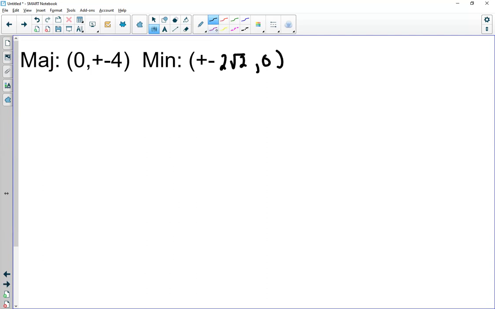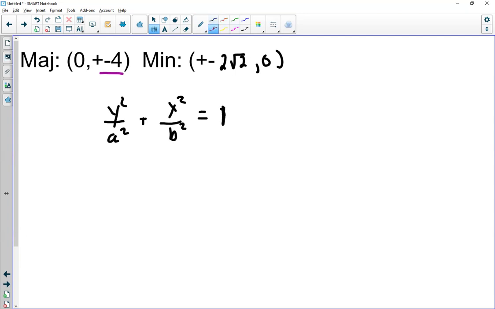Okay, so I'm sorry. All right, so major is plus or minus 4, minor is plus or minus 2 root 2. So we need the equation. First off, since the major is the y value in this case, I know it should be y squared over a squared plus x squared over b squared, because I can see the major is the bigger one, so I know the bigger one should be underneath y, equals 1.